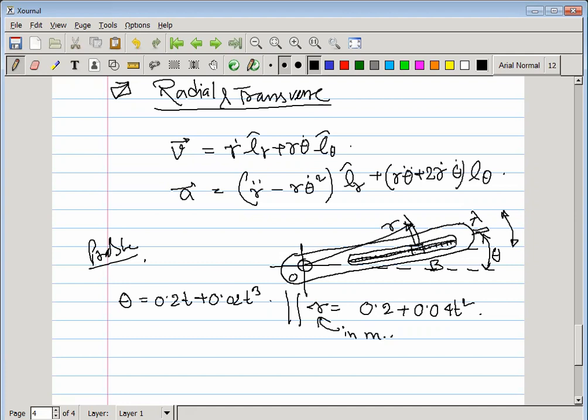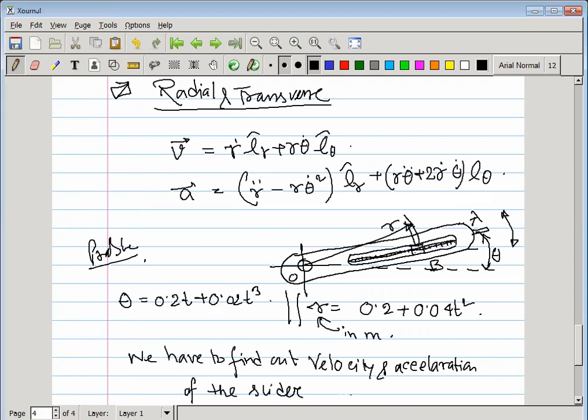What we have to find out is the magnitude of the velocity and acceleration of the slider for the instant when time is equal to 3 seconds.